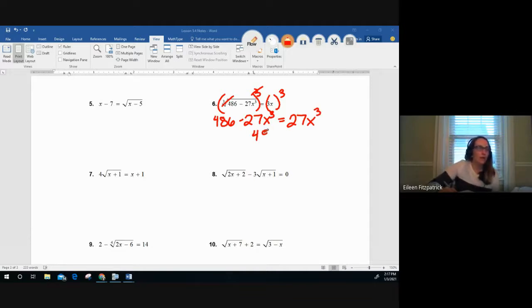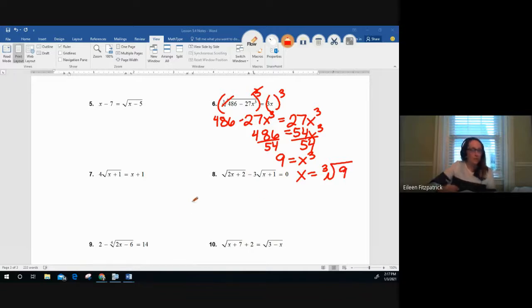So I have 486 is equal to 54x cubed. Now I'm going to divide both sides by 54, trying to isolate that variable. So now I have 9 is equal to x cubed. And then I take the cube root of both sides.